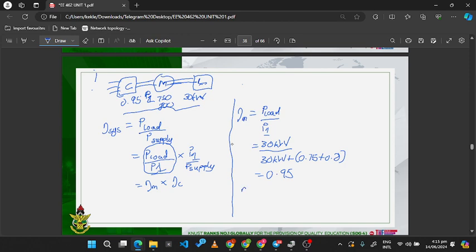So the efficiency of the system will be 0.95 by 0.95, which gives us 0.9025, or 90.25, which is approximately 90.3%.